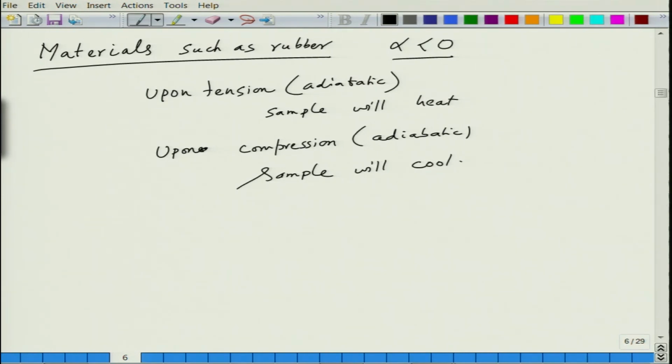This is basically because of molecular mechanisms in rubber. We are not going to get into details of those, but it happens like that because of the molecular structure of rubber. All right.